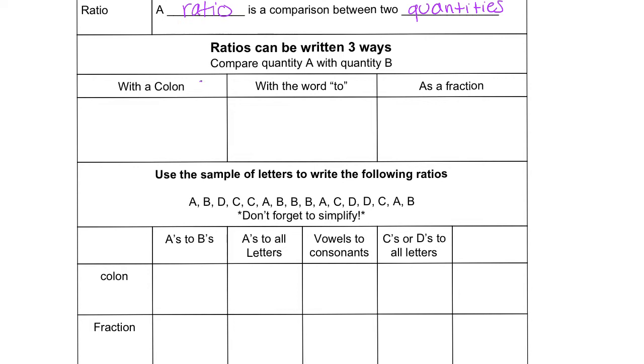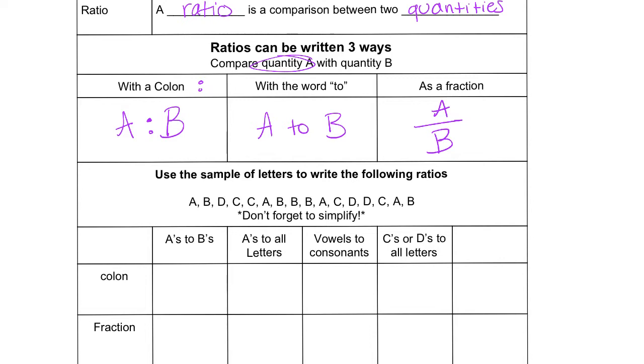With a colon, that's 2 dots. And we say A to B with the word to, A to B, or as a fraction, A over B. Okay? And what's listed first is always A. So we will just do these two for right now.